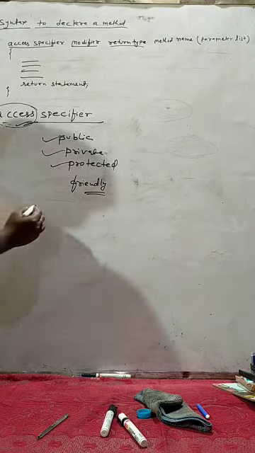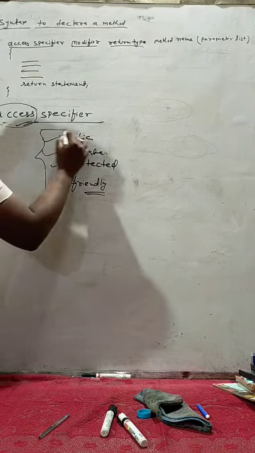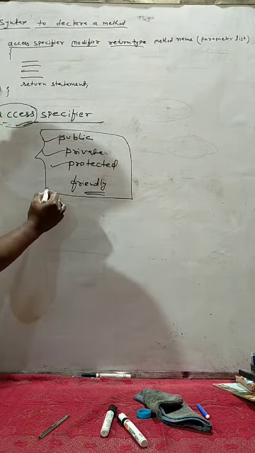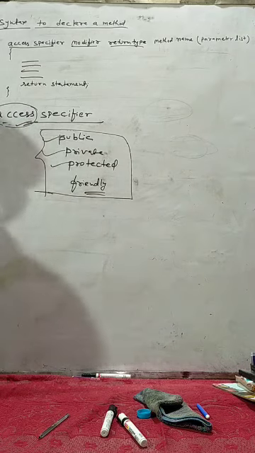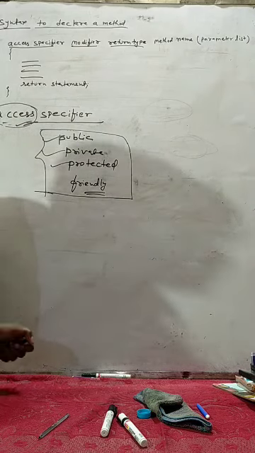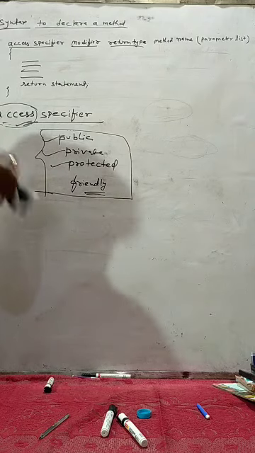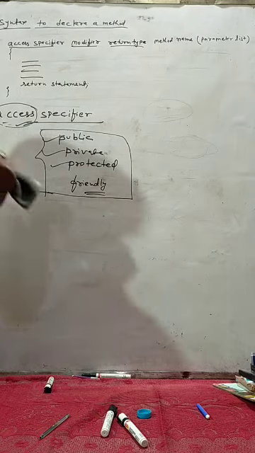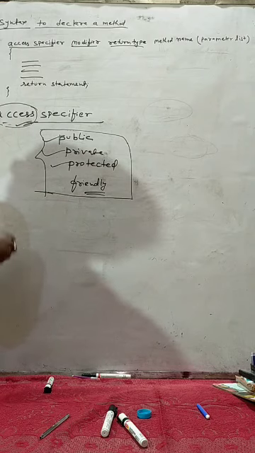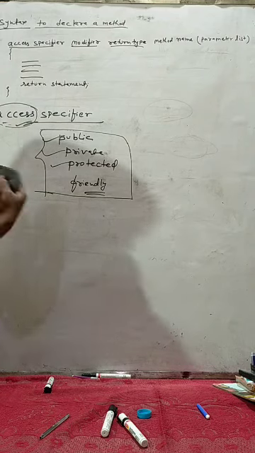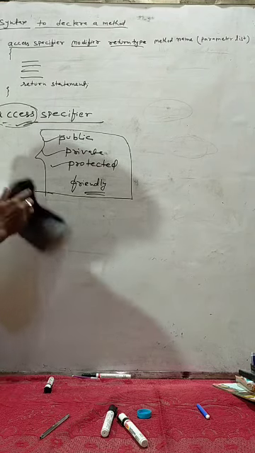Clear? We will learn all these things in detail in the chapter class as user defined type. Till now you have to understand that the access specifier indicates the scope of usage of a function, from which place this function can or cannot be accessed.